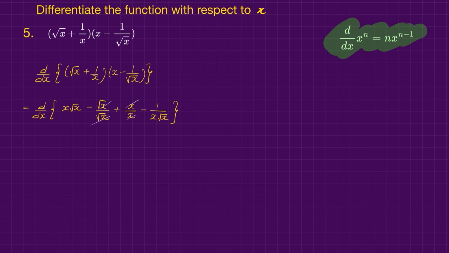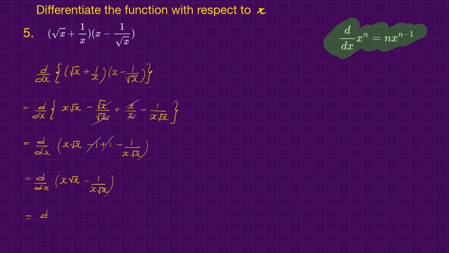So it will be d/dx of x root x minus 1 plus 1 minus 1 over x root x, and here plus 1 minus 1 cancels to 0. So we will have d/dx of x root x minus 1 over x root x.